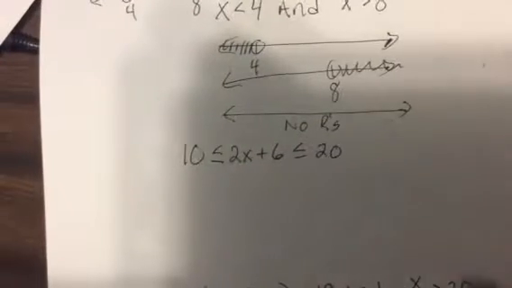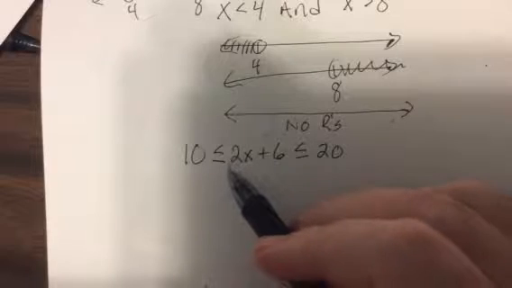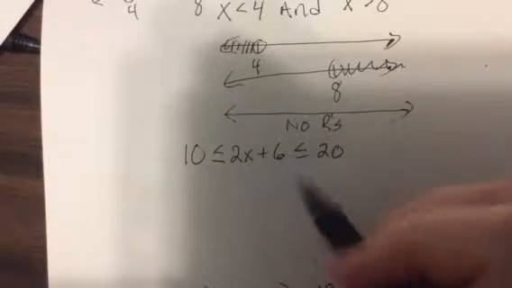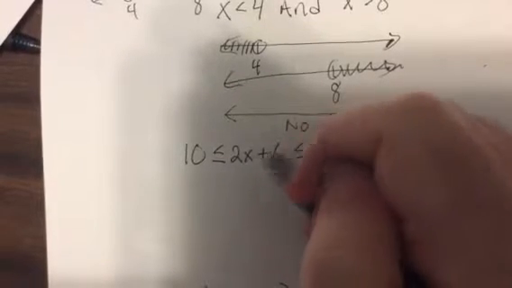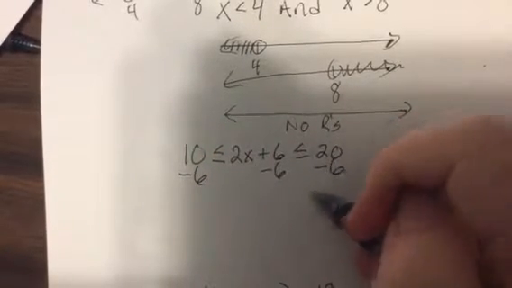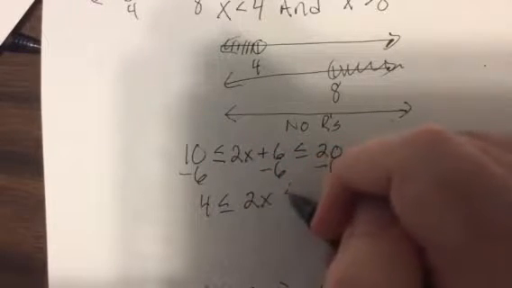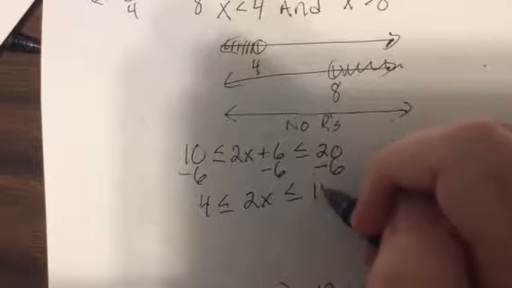Now this one, it has to be an AND because the word AND's not shown, and it's the only one that will. OR always has to have the word OR. So I'm going to solve this. I'm going to subtract 6 to get the 2x by itself. So I have 4 is less than or equal to 2x, which is less than or equal to 14.